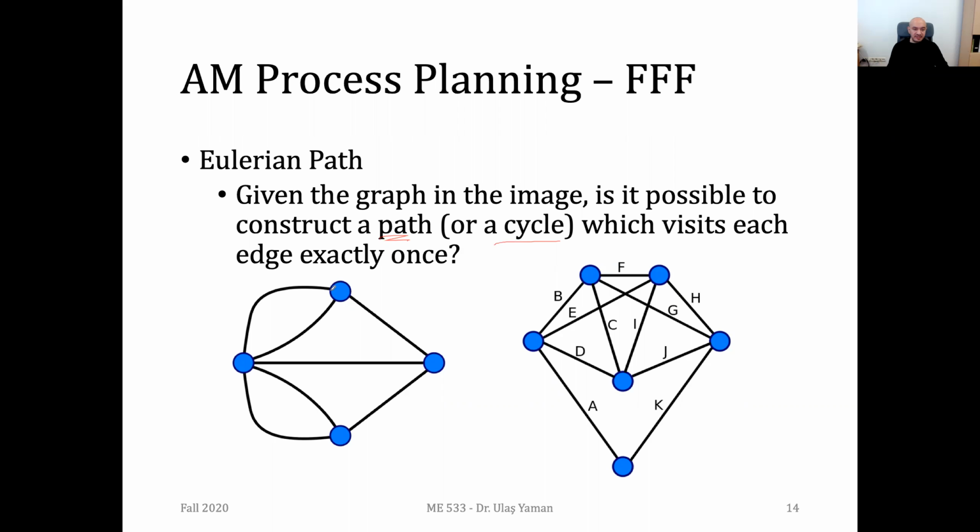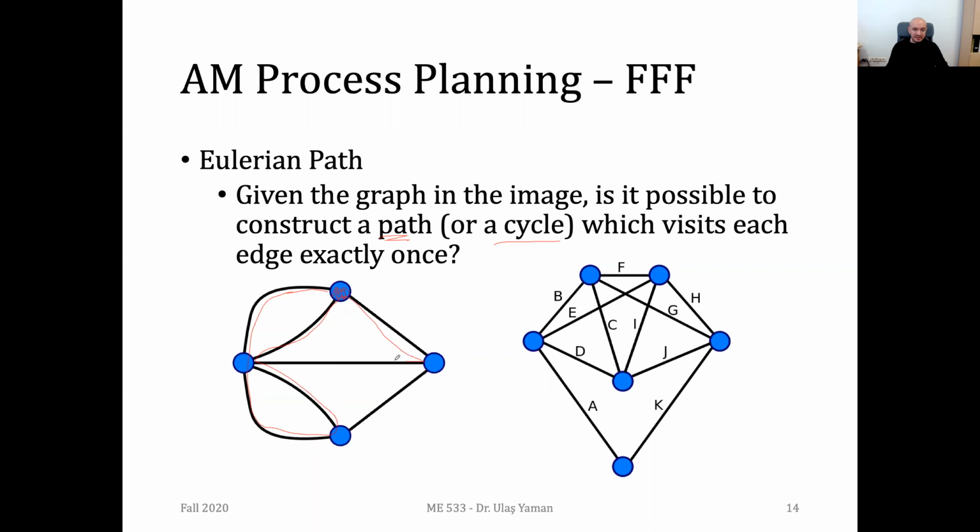For instance, let me try to do it on this one. If I start, this is a starting point. If I continue like this, and to here, I'm not removing my hand. This is another one.